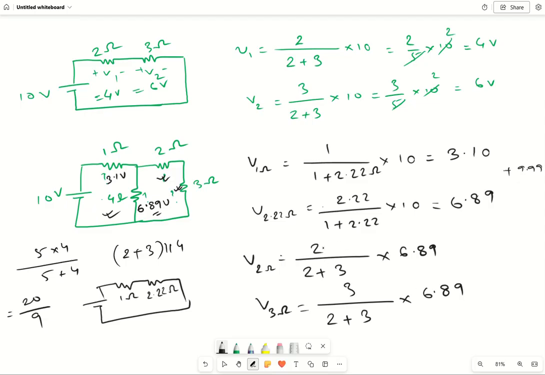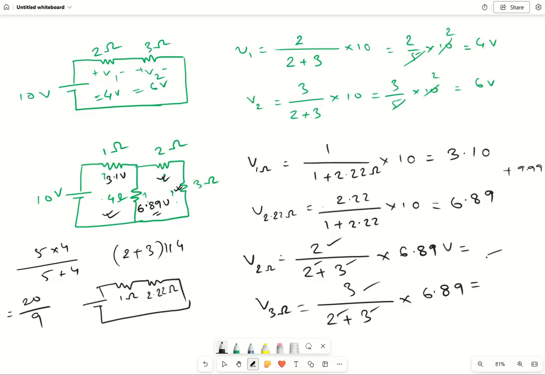But how have we done this? The resistance wherever we calculate, that is 2, divided by the sum of both resistances, 2 plus 3, into the total voltage. The total voltage is 6.89 across this branch. Whatever we get, that is our answer. Next, for 3 ohm, it is 3 divided by the addition of both resistances multiplied by 6.89 volt.